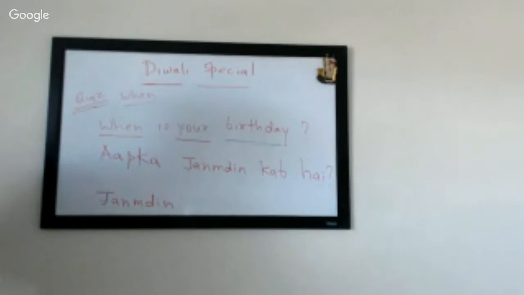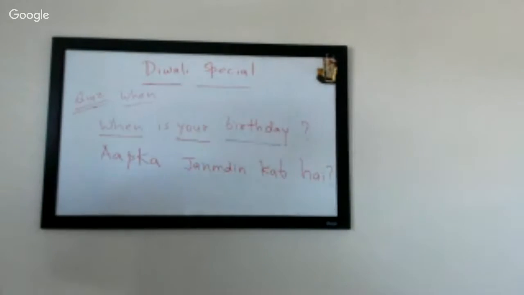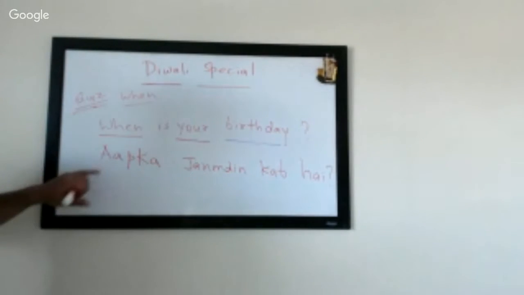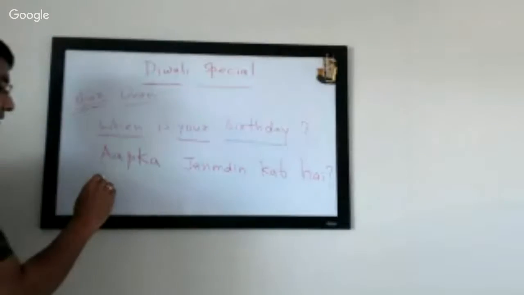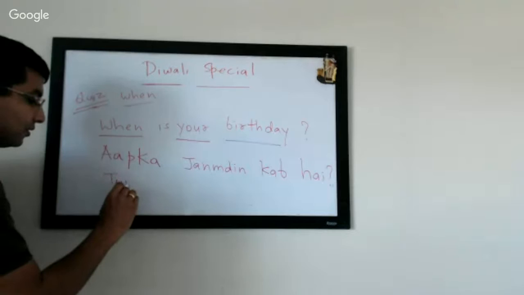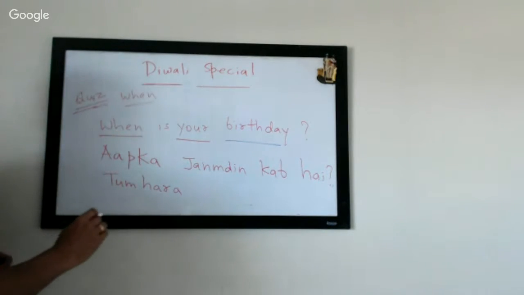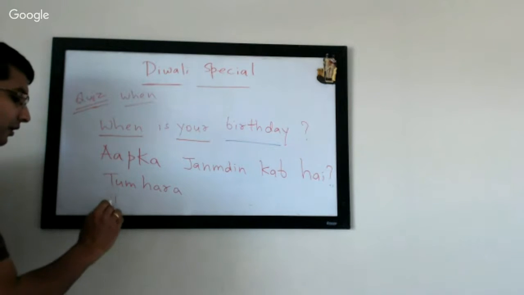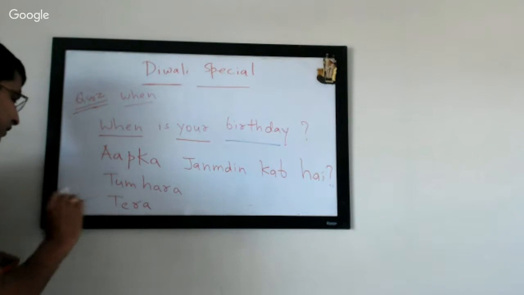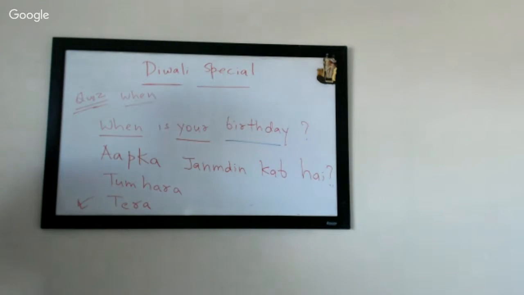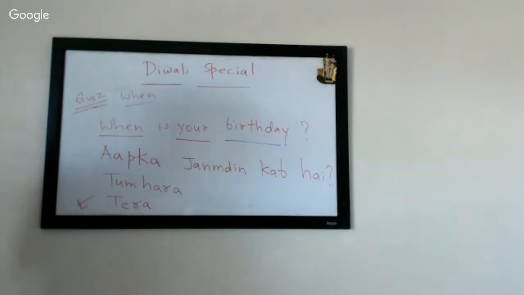Or you can say, as Chelsea rightly said, if it is a very close friend of yours, आपका is more formal, right? You can also say तुम्हारा, a kind of semi-formal, and then you can say tera if you are very, very close to the person and you don't mind, if you're intimate with them.